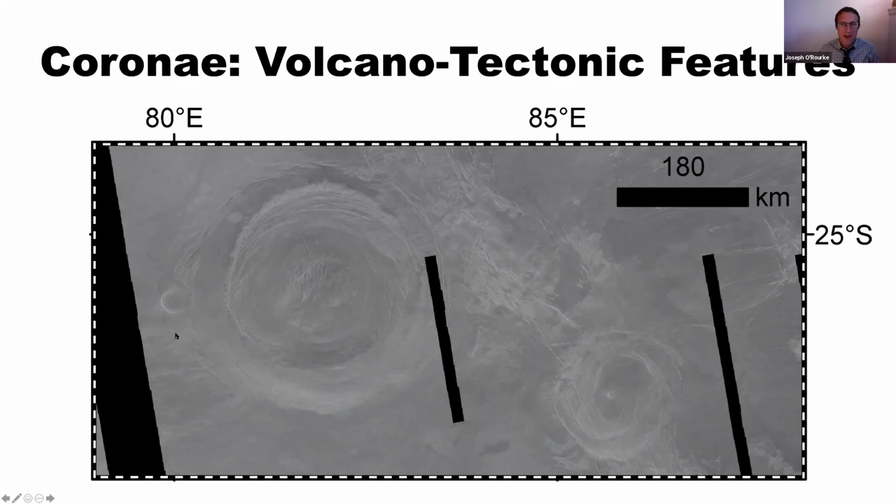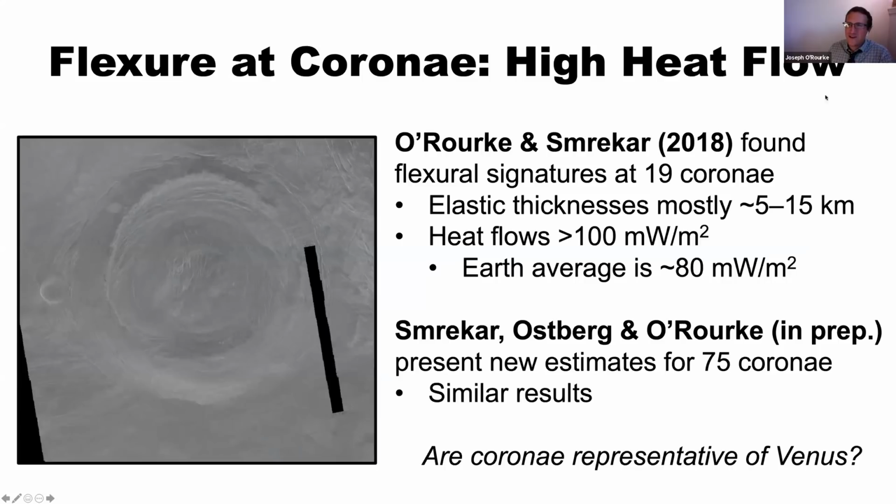And they probably form from mantle plumes interacting with the lithosphere, and they might be sites of incipient subduction on Venus. So they are extremely interesting volcanic and tectonic features. I am going to somewhat obscure their majesty by just treating them as like big heavy loads on the lithosphere that we can study to try to find this one thing I've said I care about for now. A couple of years ago, Sue Smrikar at JPL and I did a sort of pilot study where we looked at a new topography data set that became available for Venus based on the processing of some old images.